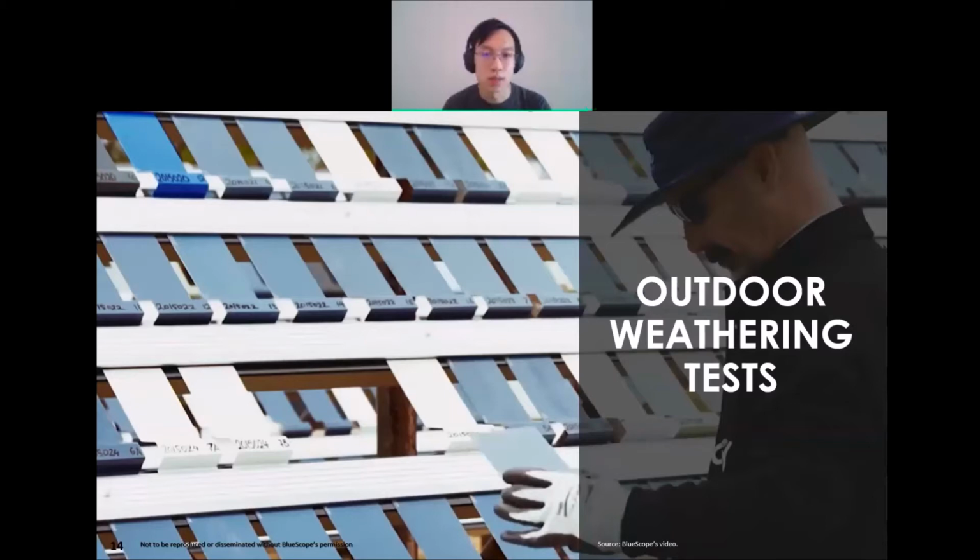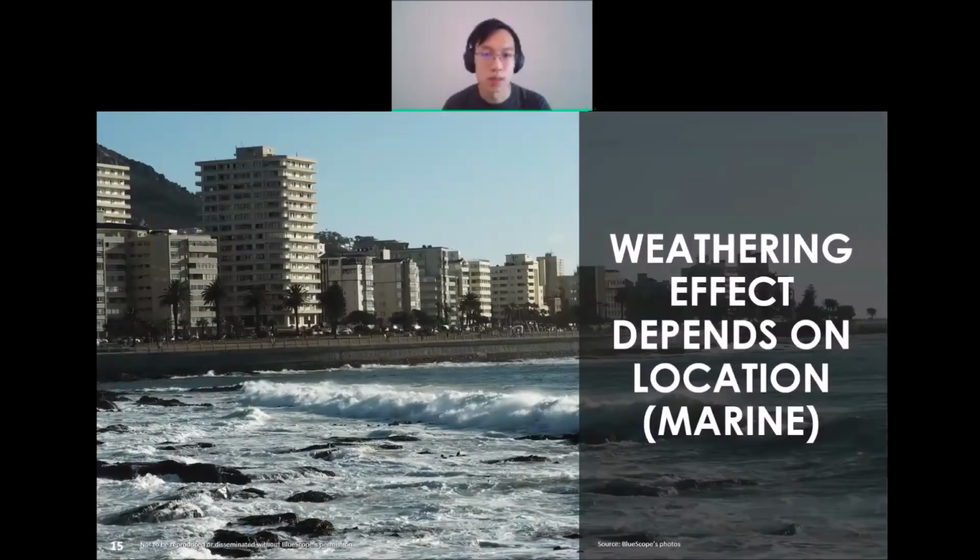So as the name suggests, it is placing the samples outdoors, right? To let the samples weather using the actual environment. Of course, this kind of outdoor weathering test has a certain limitation where it is dependent on the location. Meaning, if your samples are exposed to, say, a marine environment, then the results that you get, good or bad, will be good or bad in such an environment.